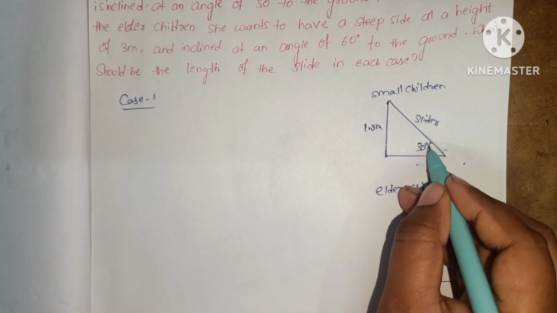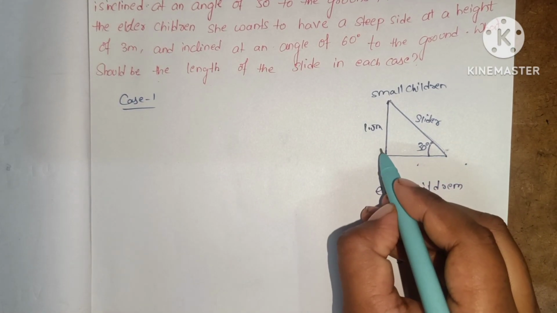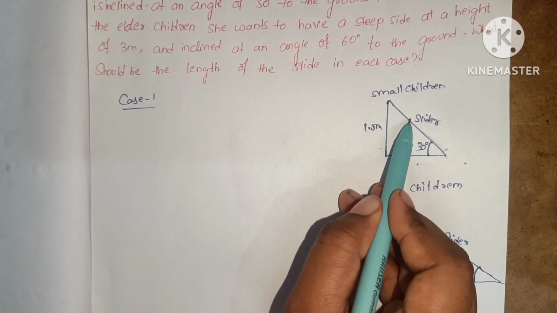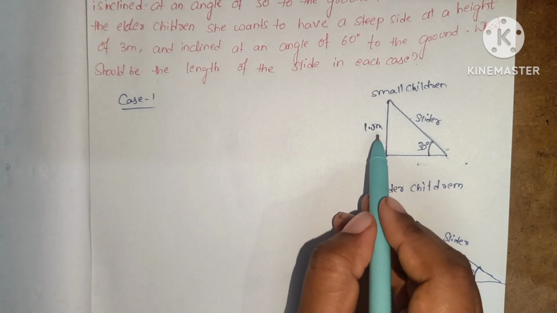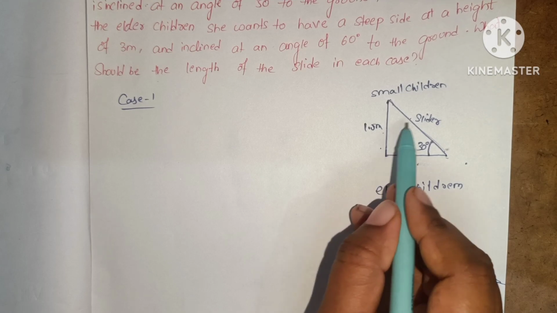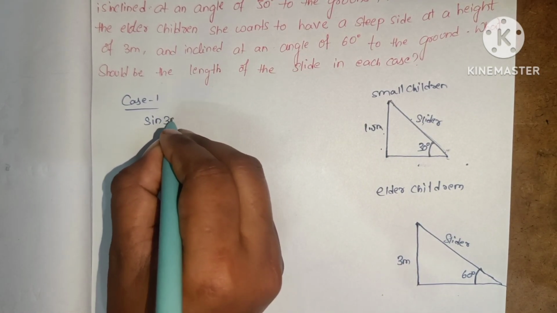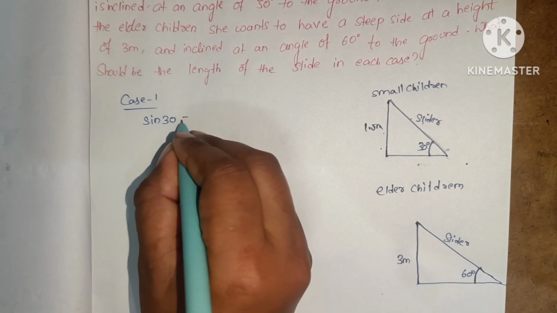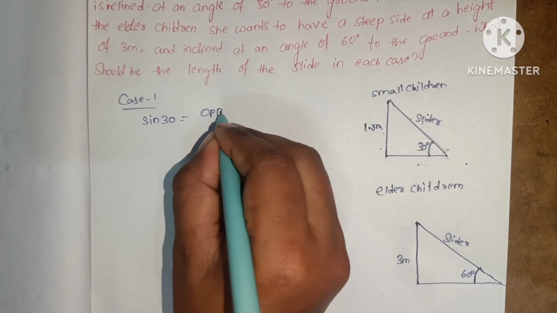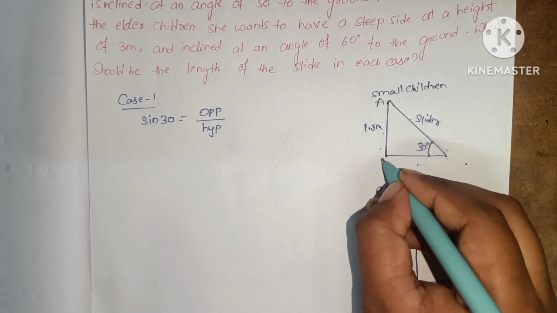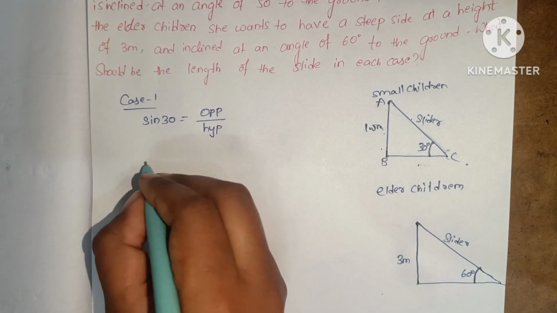Case 1: here you have the angle, you have the opposite side, and you want the length of the slider. That means you want the hypotenuse. In which formula are there opposite and hypotenuse? Sine formula. Sine 30 equals opposite by hypotenuse. Here I kept ABC.